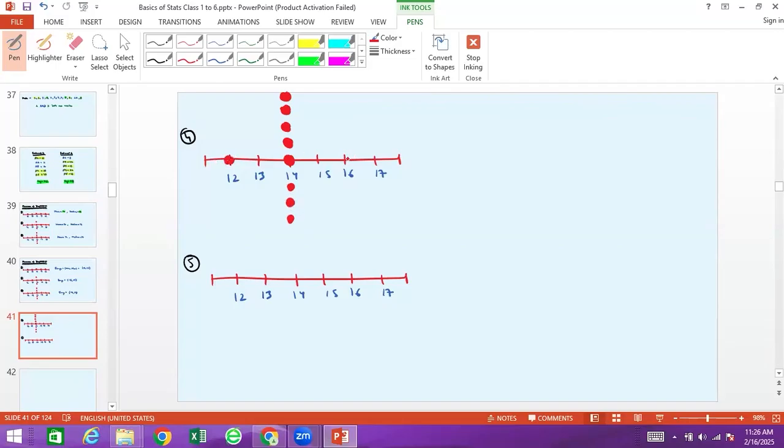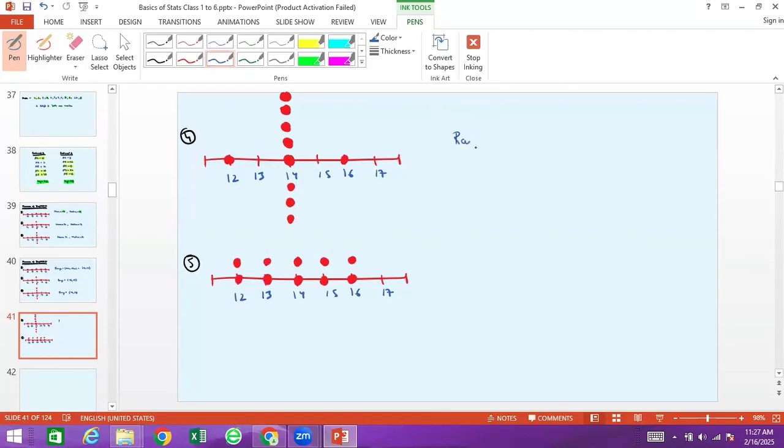One data point is at 12, one is at 16. Versus two data points at 12, two data points at 13, two data points at 14, two data points at 15, two data points at 16.